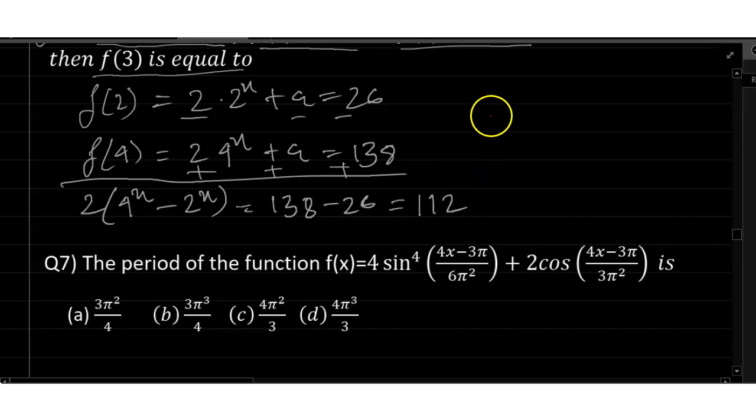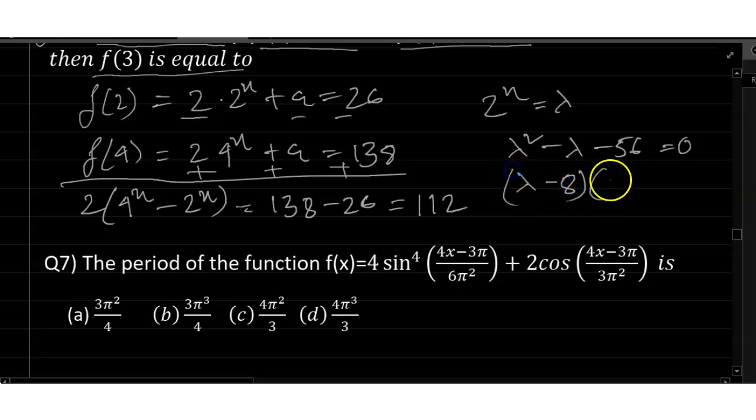The value 2 to the power n, take it equal to lambda. So my lambda square minus lambda minus 56 equals to 0. So (lambda minus 8) into (lambda plus 7). So lambda equals to 8. So n equals to 3.